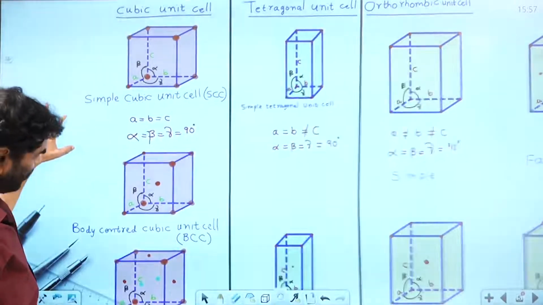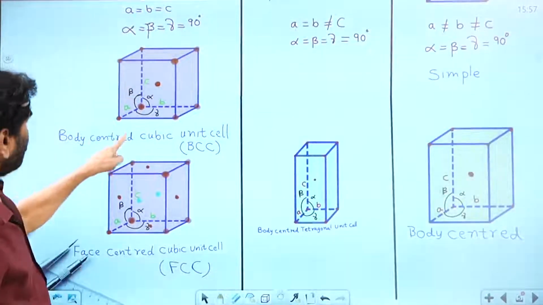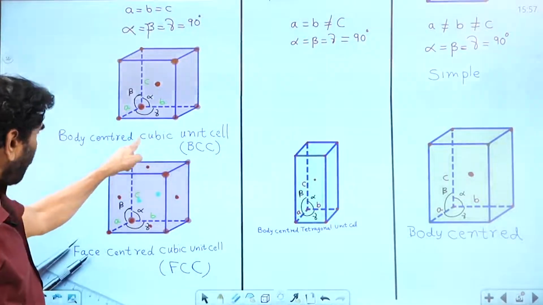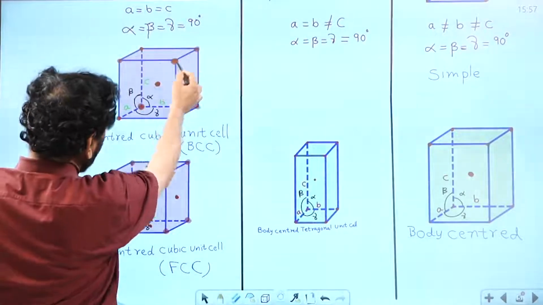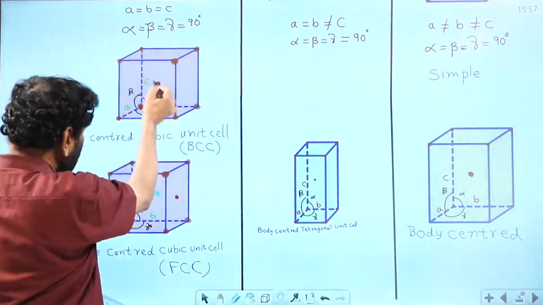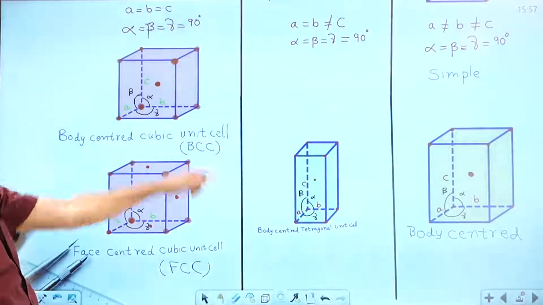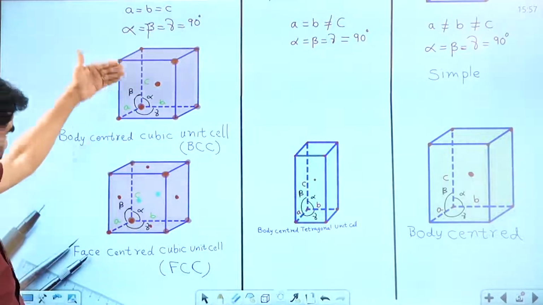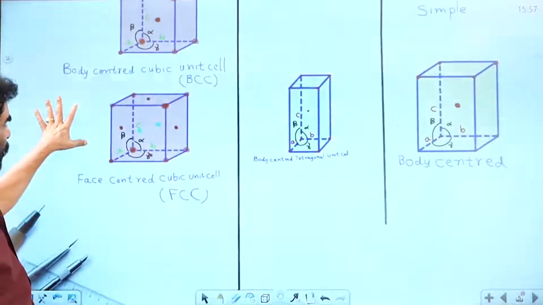This is the same cubic system, but this is the body centered cubic unit cell. Here the lattice points are at the corners plus the center of the cube, the body centered cubic cell.